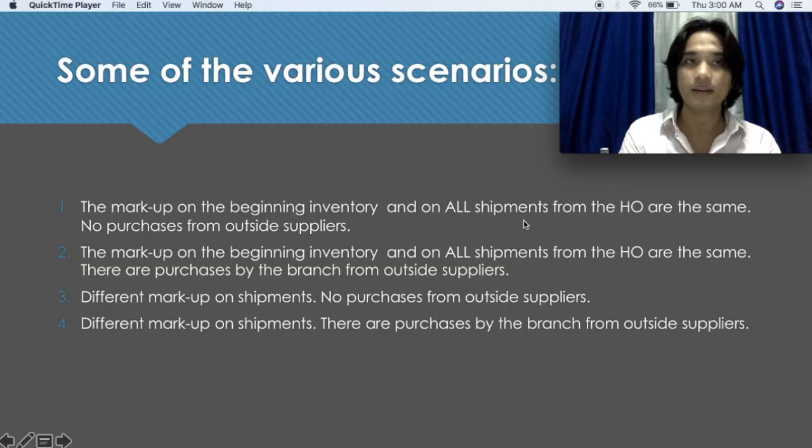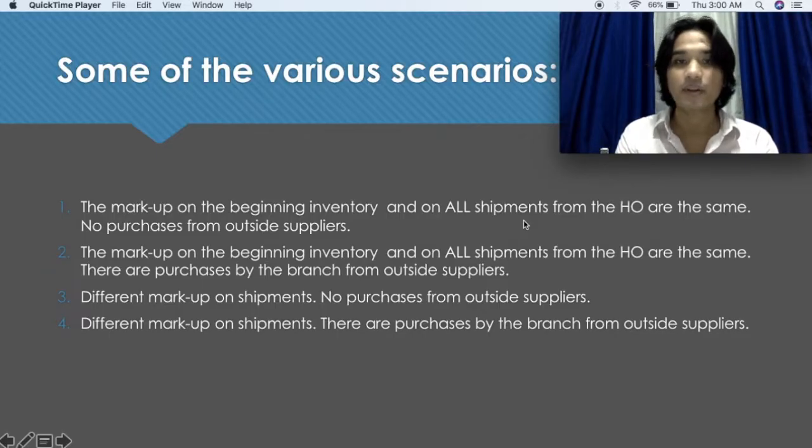So assuming that the markup across periods are the same, or at least the previous and the current period are the same, and no purchases from outside suppliers, we'll have number one. Case number two, the markup on begin inventory on all shipments from home office are the same, but there are purchases from outside suppliers.